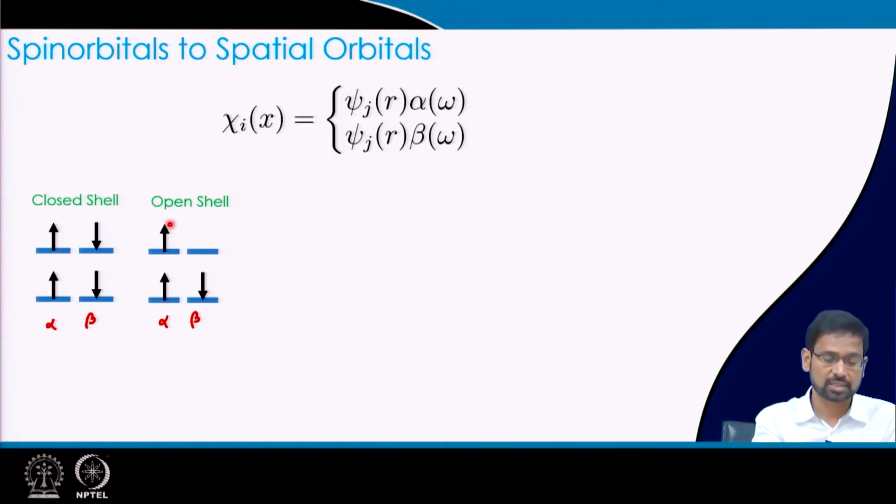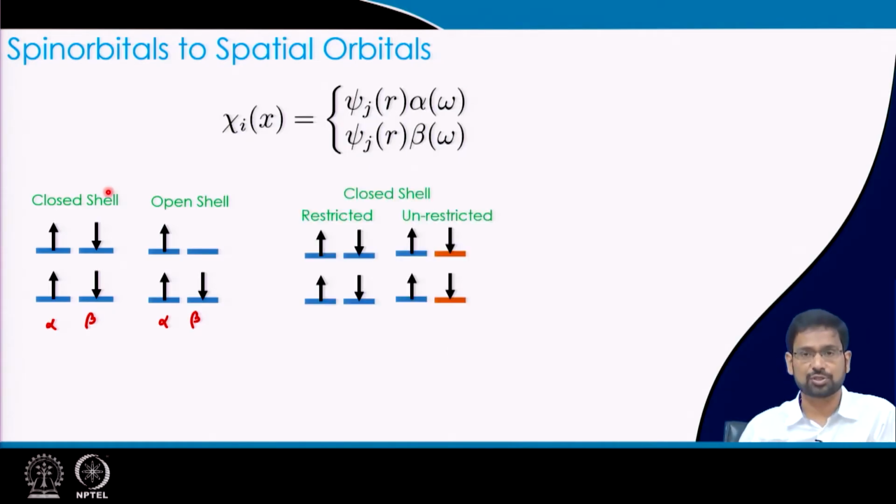In this case I see one unpaired electron, so it has a doublet spin multiplicity. I can also have triplet or higher spin multiplicities, and I will call them open shell. Essentially, closed shell systems are those where all the spatial orbitals are doubly occupied.